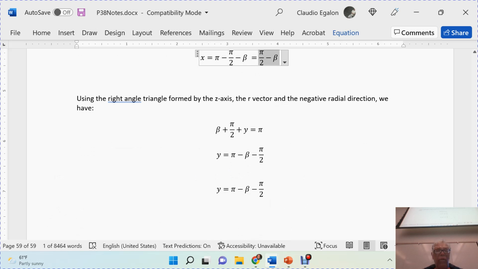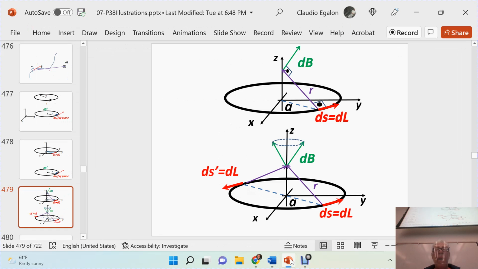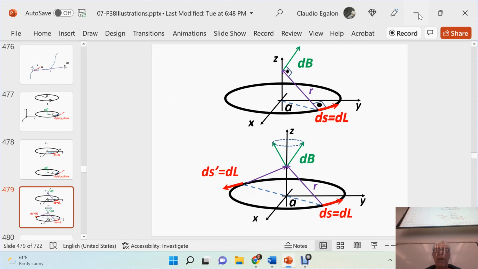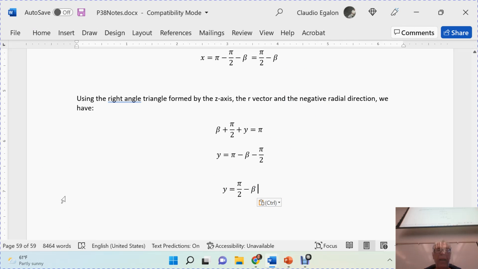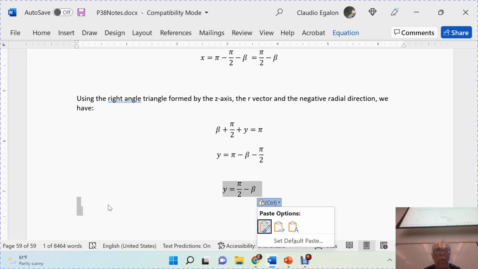So the angles x and y, they are the same. But the angle y has an advantage. The angle y here has an advantage. Why is that? Because cosine of y is a divided by r. Okay, that's the advantage of the y. Cosine of y is equal to cosine. Here you go.